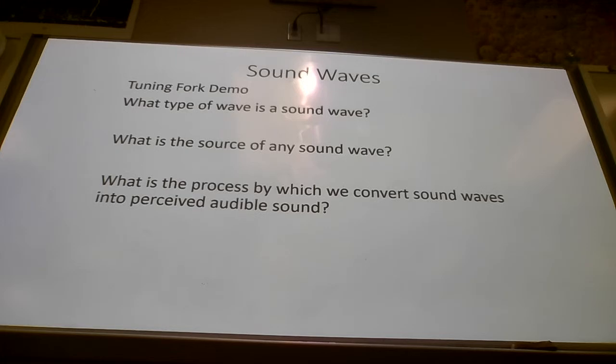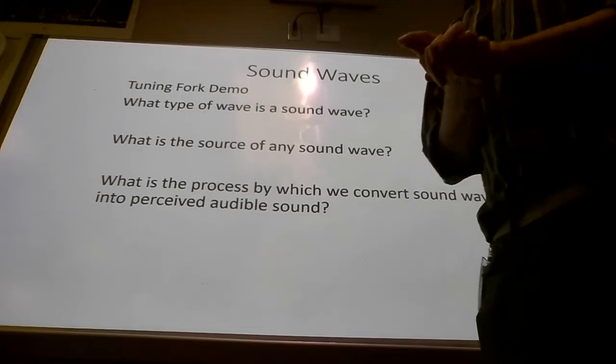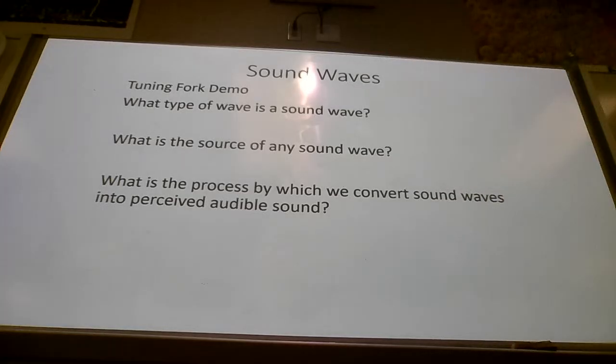All right. So what kind of wave is a sound wave? Transverse, longitudinal? The longitudinal wave. Okay. What's the source of any sound? Something vibrating. Okay. So this is a tuning fork.